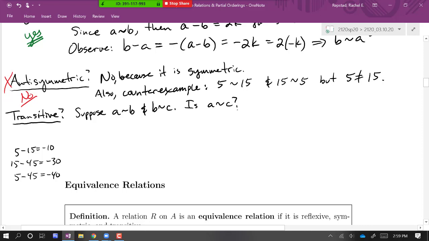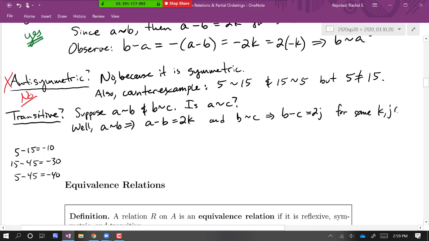So if A is related to B, that means that A minus B is a multiple of 2, right? 2 times K. And B is related to C means that B minus C is also a multiple of 2. I can't use K again because it's not necessarily the same multiple of 2, so let's say 2 times J, where K and J are integers.